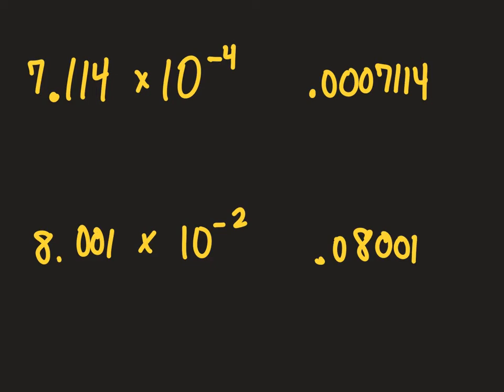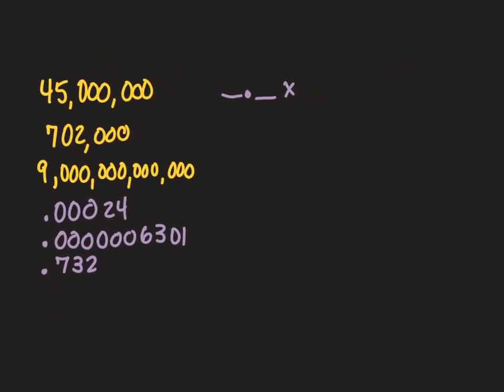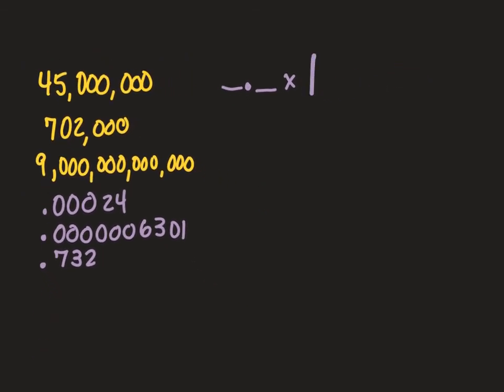Here's the answers. All right, let's look at these questions. I have the numbers now in standard form, and we need to go backwards and make them in scientific notation. I had said that there was going to be one number before the decimal, and then the rest of the digits, a times sign, a 10, and some exponent.